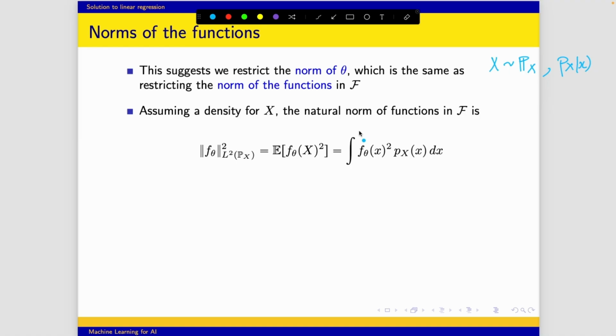I'm going to define a norm for functions in F to see how restricting the norm of theta is the same as restricting the norm of functions in F. So I'm going to use the natural norm. First, we have an inner product on the space of random variables given by this. So f, g, these are two random variables which are functions of the random element x.